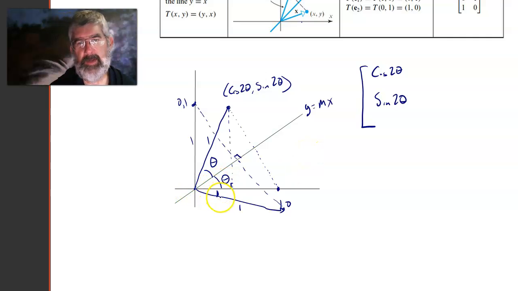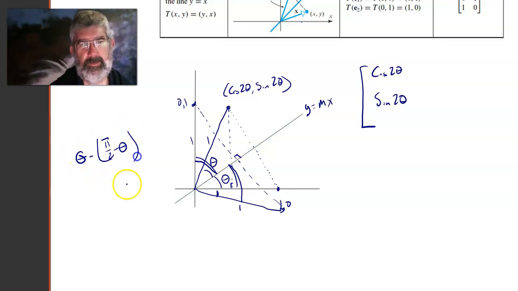So what is this angle? Well, this angle right here is pi over 2 minus theta. And the angle down, so if I go up to theta and then back that same amount, this would be theta minus (pi over 2 minus theta).